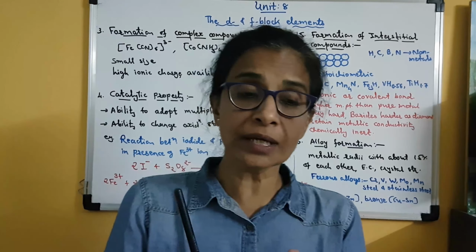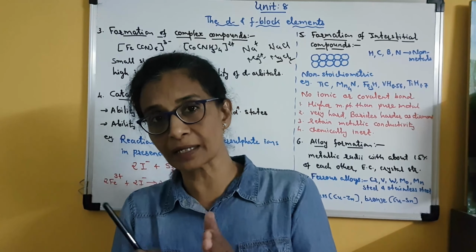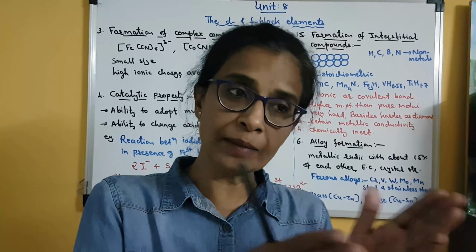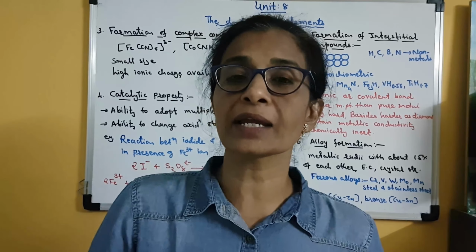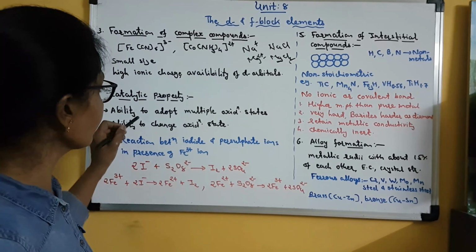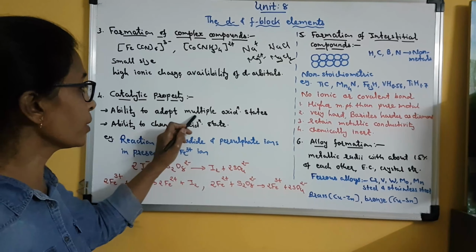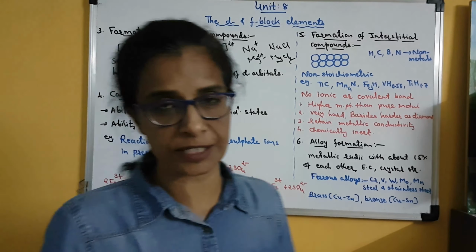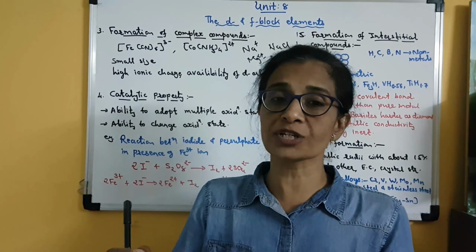Clear? So these transition elements are generally used as catalysts either in the elemental form or in the compound form. So why are they used as catalysts? For that also there are certain points. One is the ability to adopt multiple oxidation states. Transition elements don't have a fixed oxidation state.